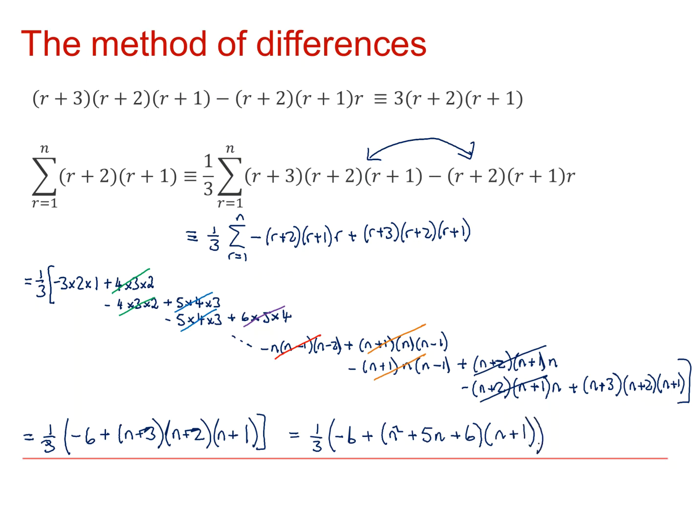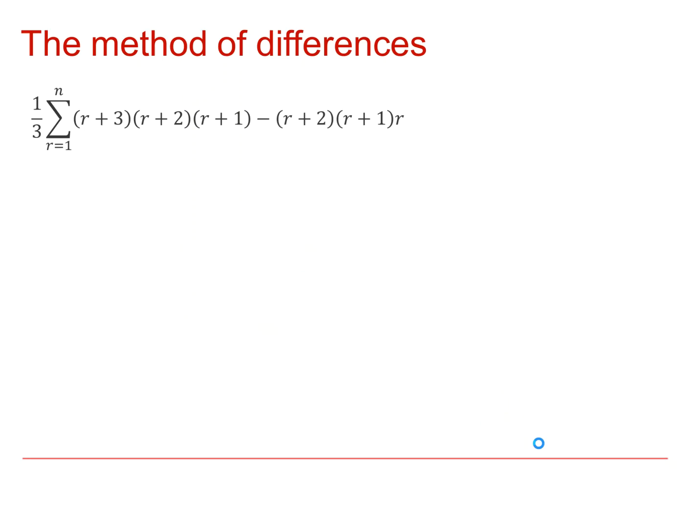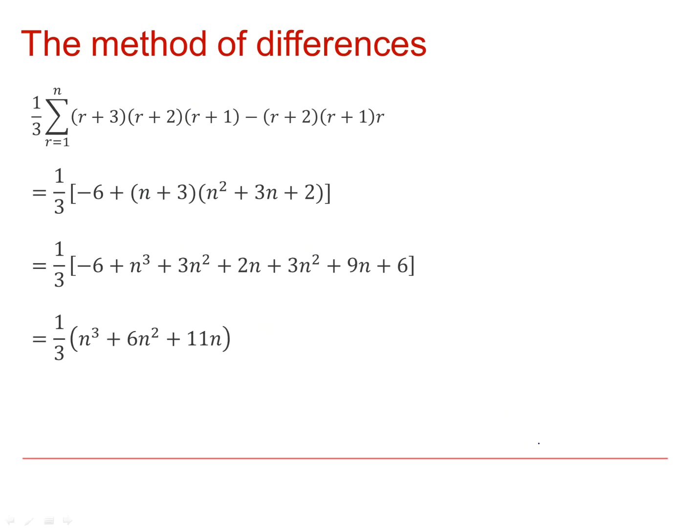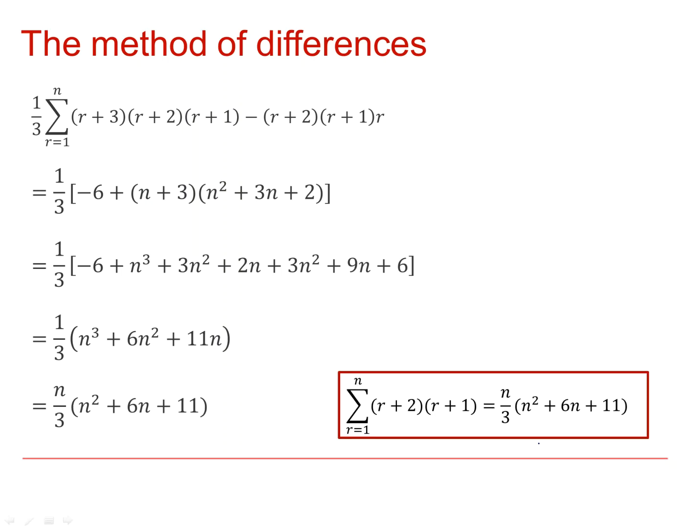And I'll need to move on to a new slide. That's where we've got to. Multiplying out the second bracket, collecting terms, and then taking out a factor of n to get my final answer. So the sum that I was given is equal to n over 3 multiplied by n squared plus 6n plus 11.